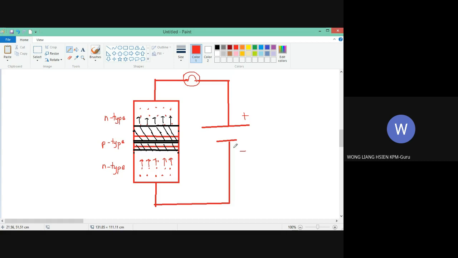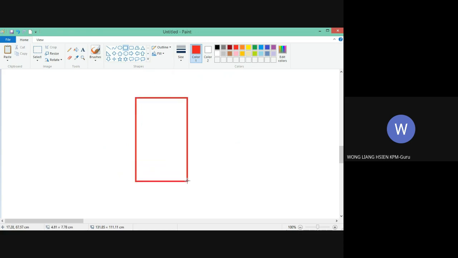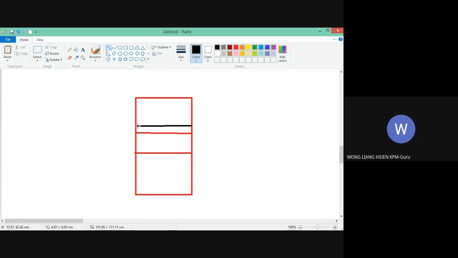So let's see what will happen in the transistor. Does the transistor behave in the same manner? Again, when connected like this, we have a depletion layer.